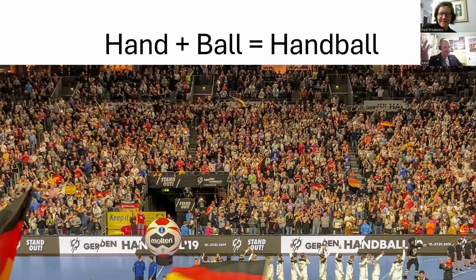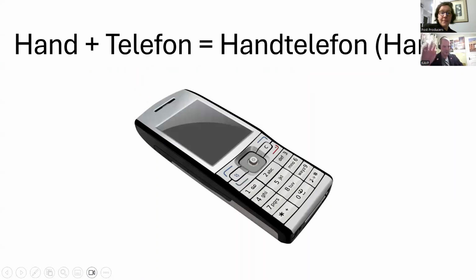I mean, these Anglo-Saxons, they had hands. This is a hand in German. If you combine it with Ball, you have Handball. That's nice and simple, same as in English. If you combine your hand with a telephone, you get a Handtelefon, or for short, handy.